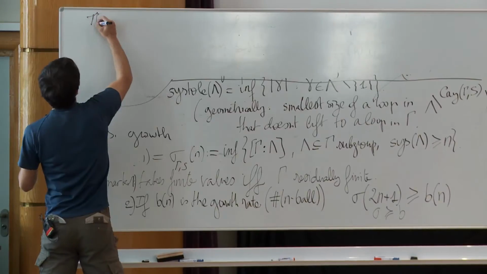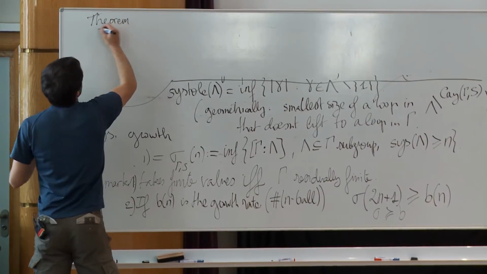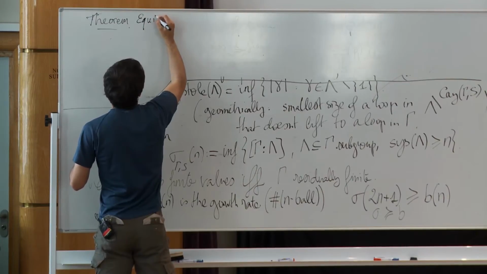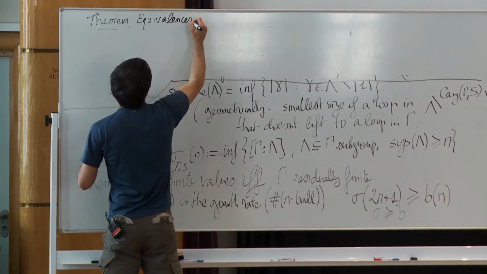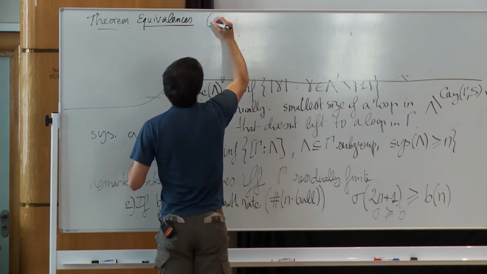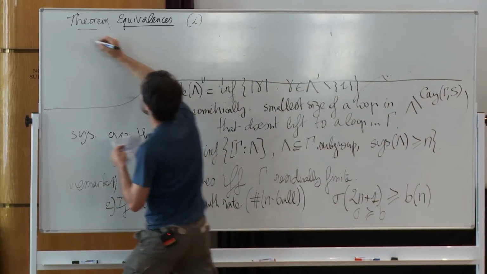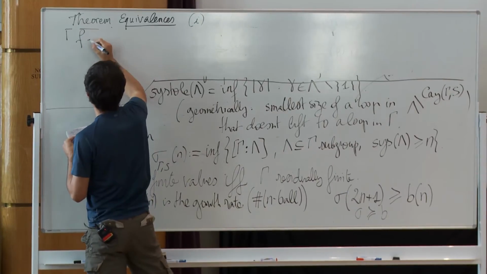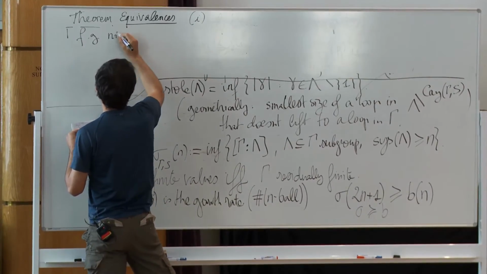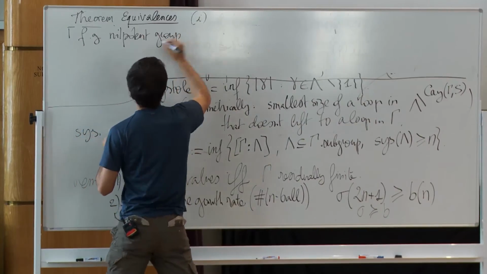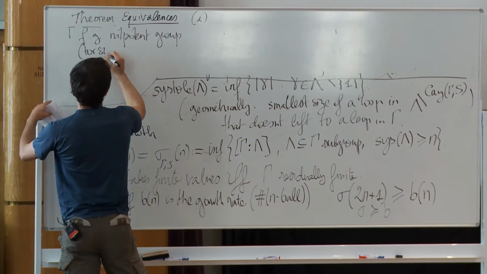Okay, theorem. Equivalence between two statements. Let gamma be a finitely generated nilpotent group, let's say torsion free.